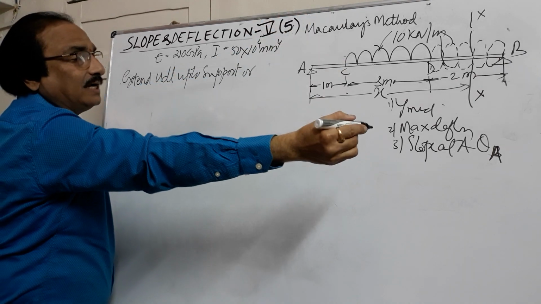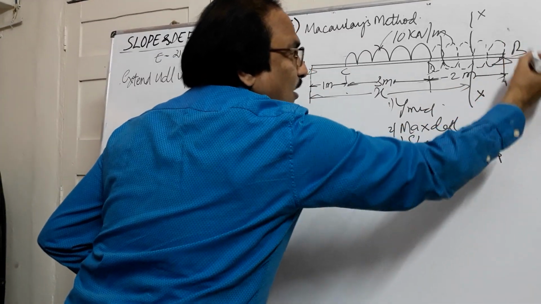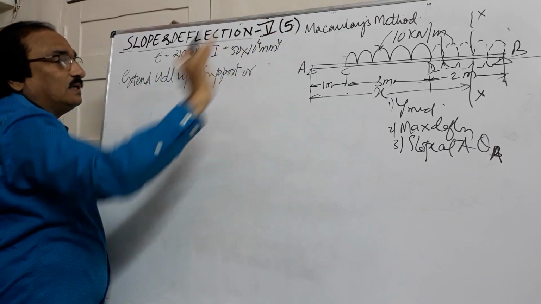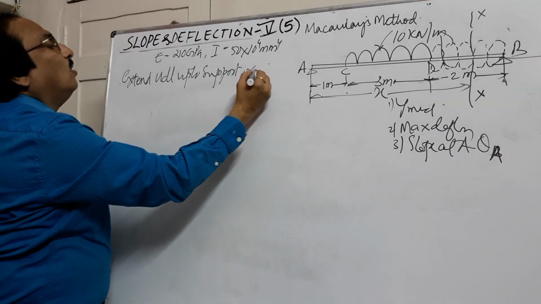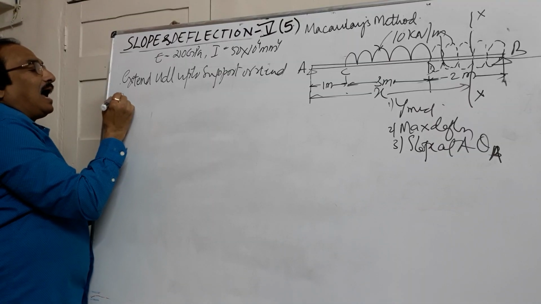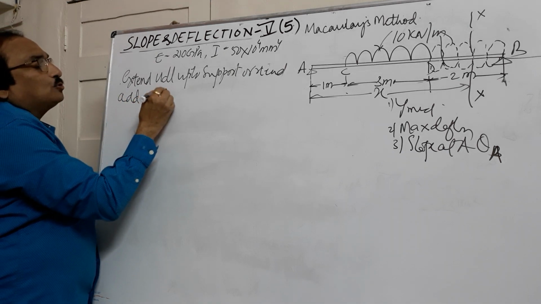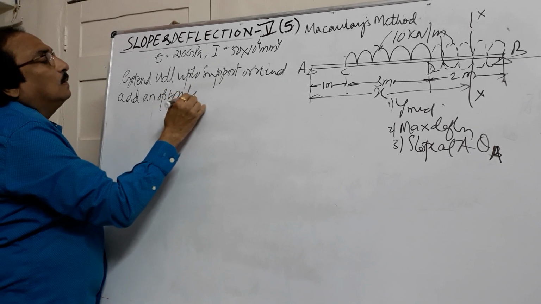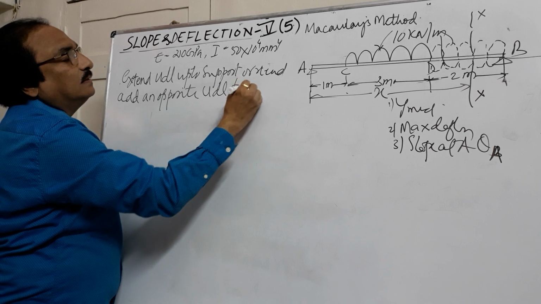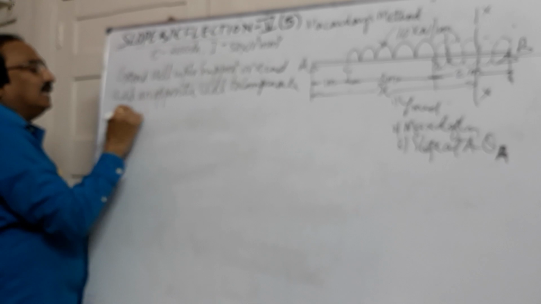If there is a cantilever acting beyond, you will have to go up to the right end of the beam. Then add an opposite UDL to compensate for the UDL added.